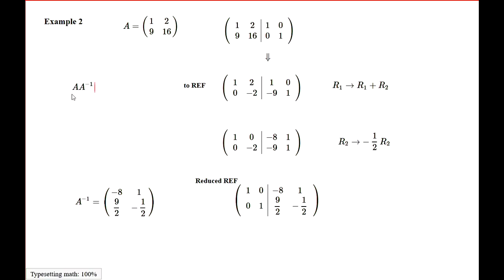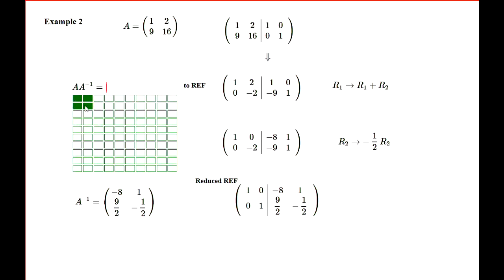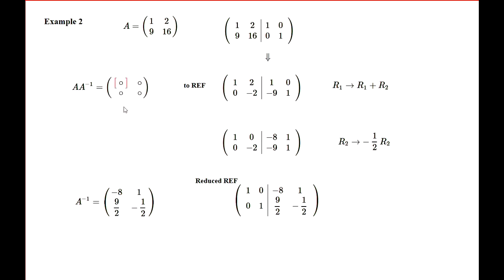If I try it this way, the result will be a 2 by 2 matrix, and we'll see what that will be. In order to identify this component, I take the first row here and the first column here: 1, -8, 2, and 9. -8 plus 9 is 1. So far, so good. Next goes first row, second column: 1, take 1, 0.